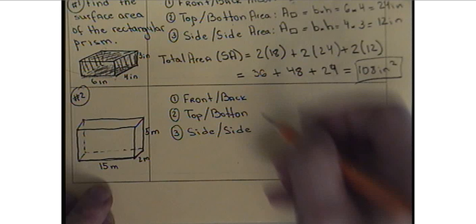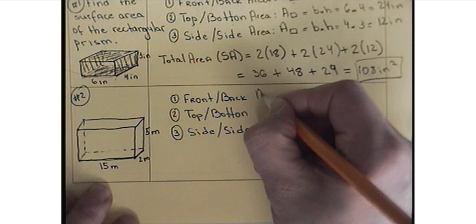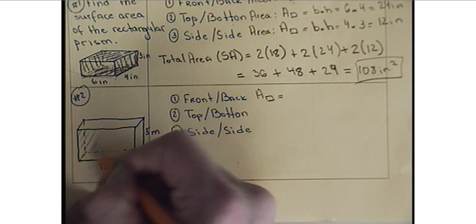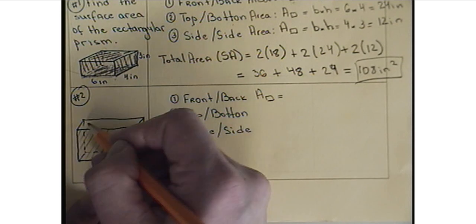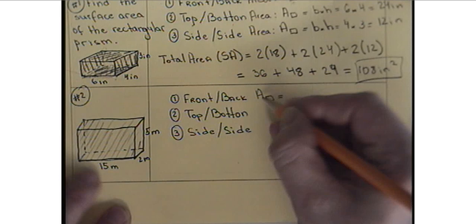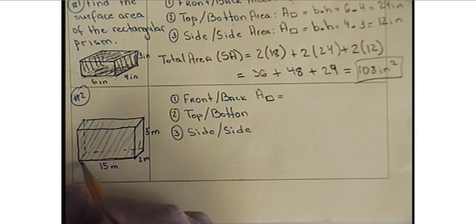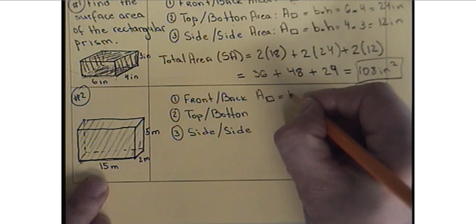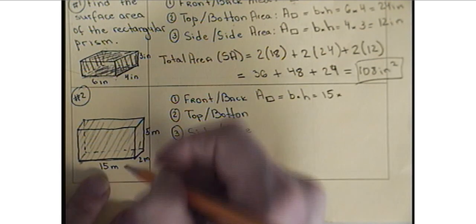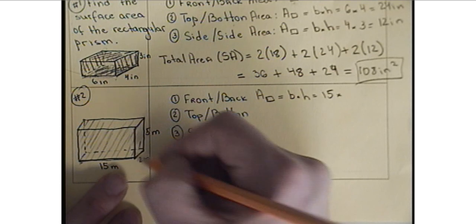So the front and back area: the front will be this one over here, and the back will be this one on the back. The area of front and back is base times height, which is 15 meters times 5 meters.